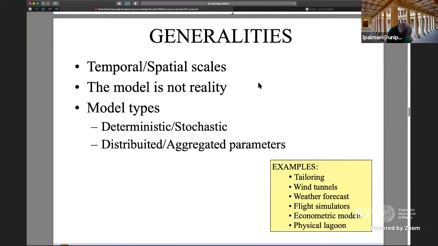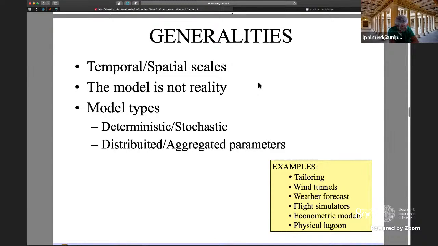There are other examples of physical models, the physical lagoons, for example. Sometimes, in order to understand the effects on complex aquatic ecosystems of different management strategies, we may employ physical models with a different scale.